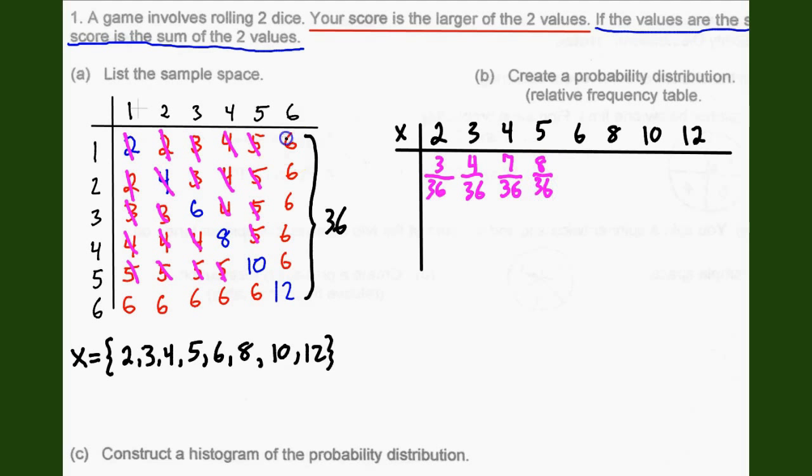And 6? 1, 2, 3, 4, 5, 6, 7, 8, 9, 10, 11.